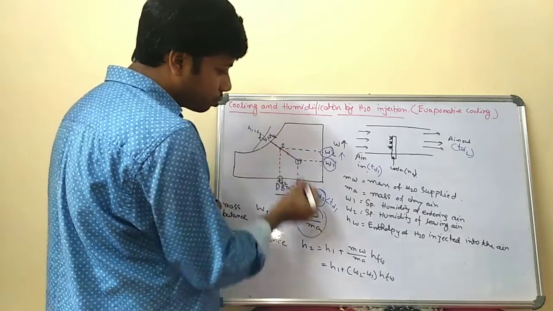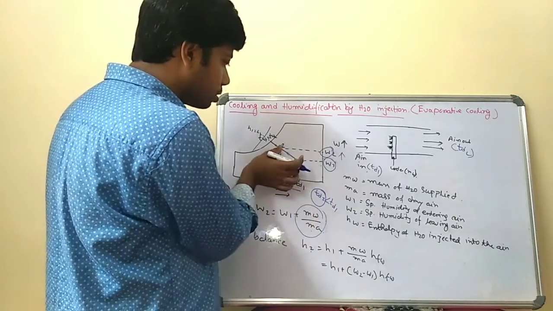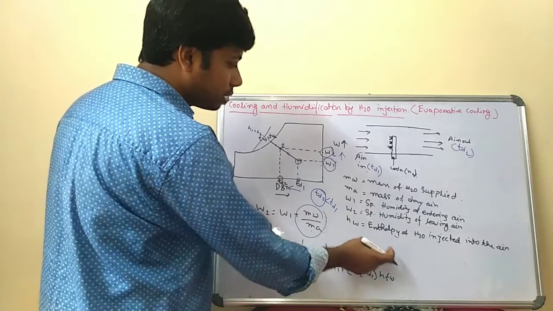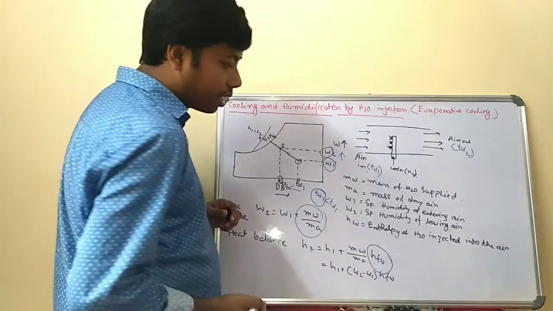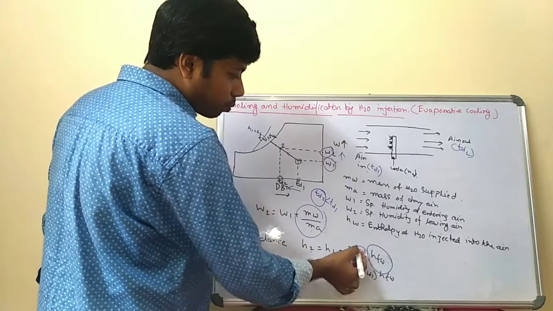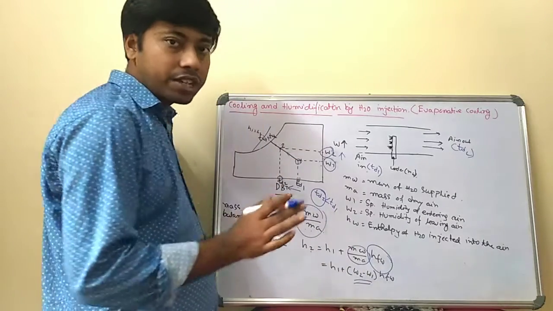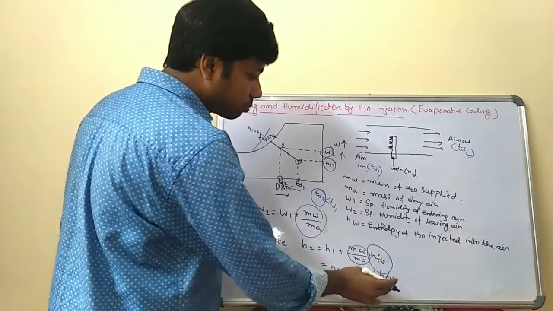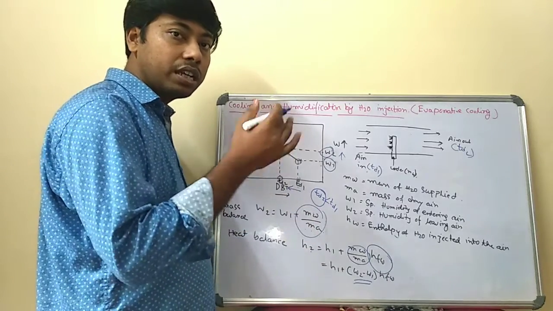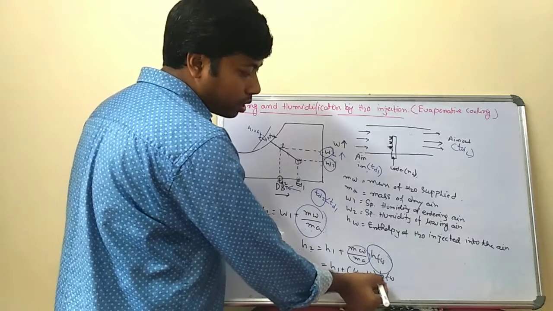So enthalpy H2 is equal to H1 plus this difference, that is MW divided by MA into HFW, where HFW is the enthalpy of the injected water, related to latent heat of vaporization. In terms of MW by MA, you can write W2 minus W1, the difference in specific humidity, into HFW. So H2 is equal to H1 plus (W2 minus W1) into HFW.